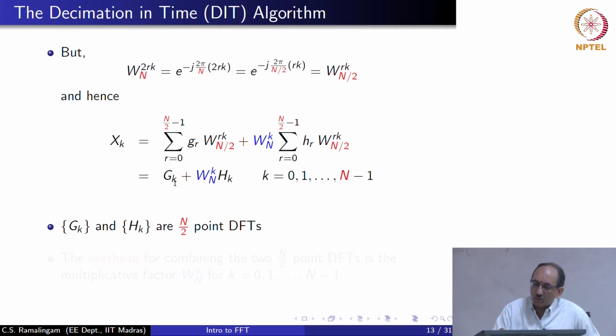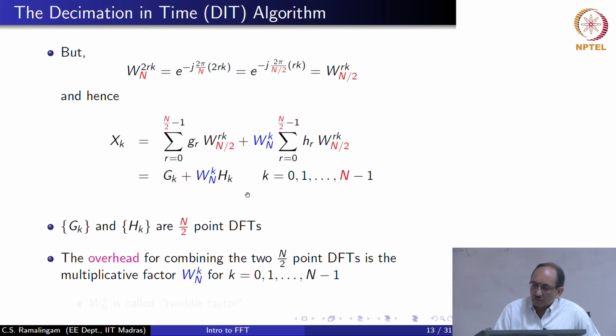Therefore, when you let k go from 0 to n by 2 minus 1 you get G k, and then when k hits n by 2 you are back to G 0 because this is periodic with period n by 2. Similarly for H k, when the k index goes from 0 to n minus 1, beyond n by 2 minus 1, the first index beyond n by 2 minus 1 is n by 2, and H at k equal to n by 2 is the same as k equal to 0.